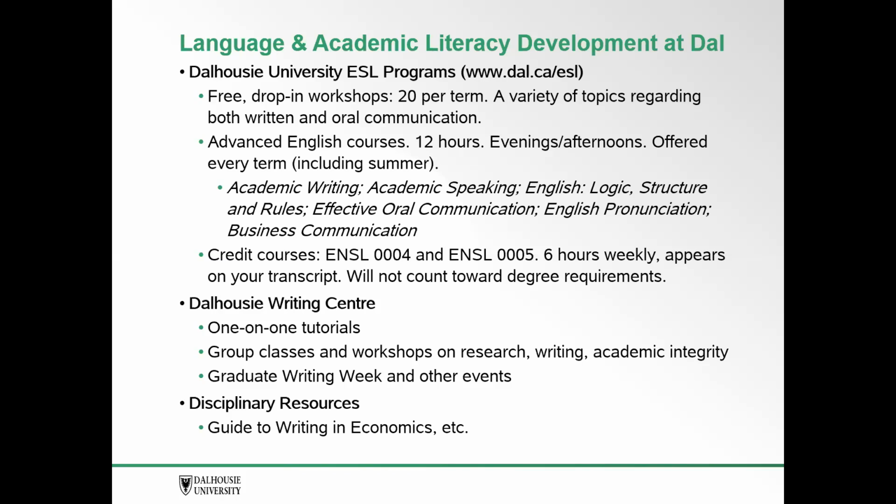Oh, perfect. So in the question and answer box, it says, if I have already scored 7.0 overall in IELTS, does that mean I do not have to appear for ESL programs? So if you've scored 7.0 overall in IELTS, and that is the minimum required score for your particular program, then you don't.